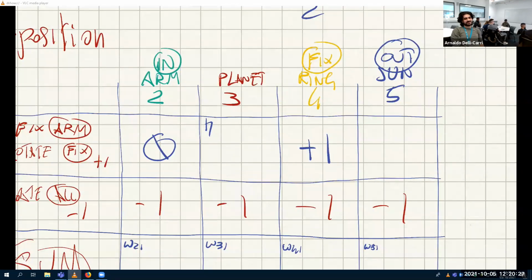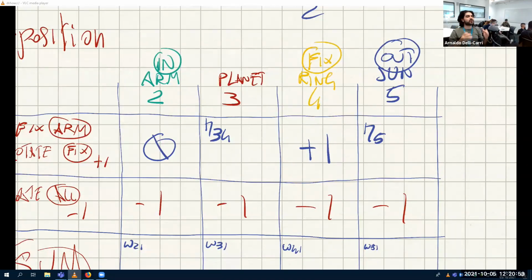So what do you think? What happens to 3 when, what am I rotating here? I am rotating 4. So I want to see what happens to 3 when I rotate 4. Eta 3-4. So this means this is eta 5-4.